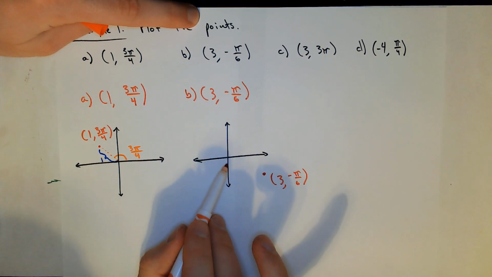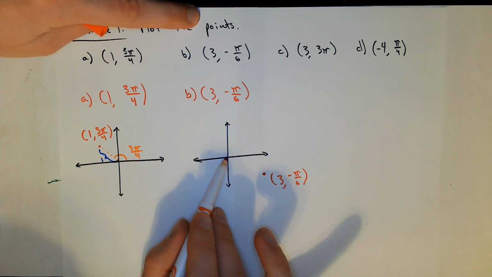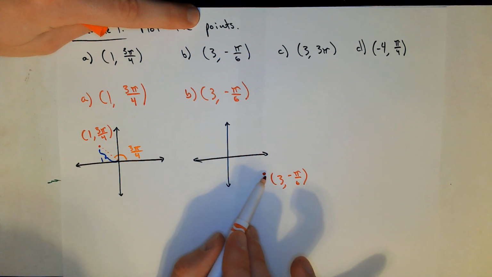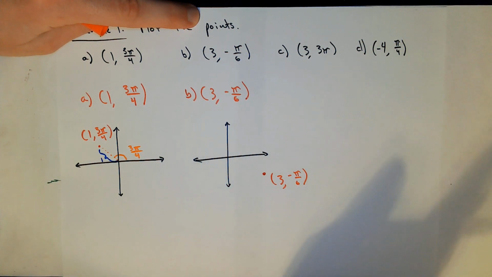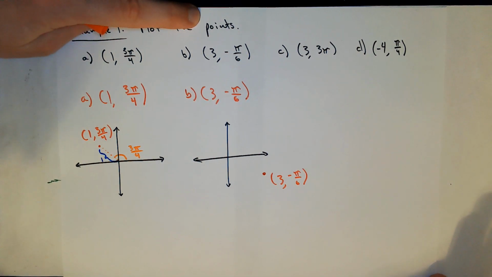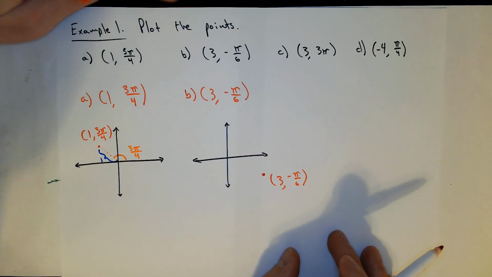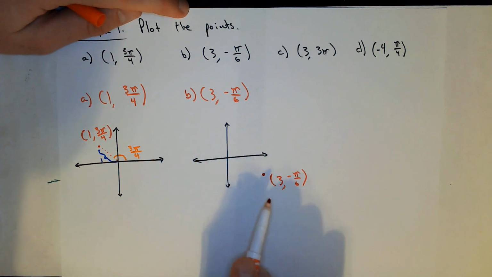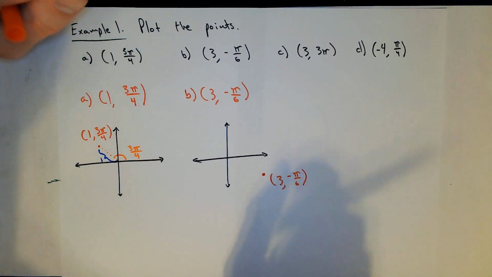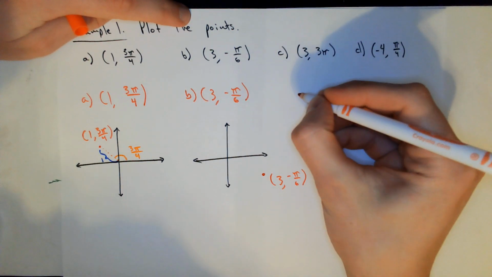If it makes you feel better to draw the line segment there, that's fine. It's not incorrect, but really what we're asked for is just to plot coordinate points, not line segments attached to coordinate points, right? So I just wanted to point that out if you go look at the text.